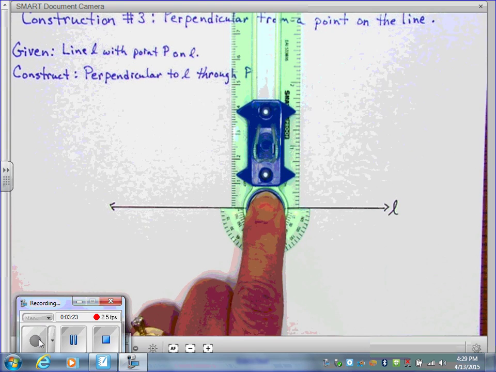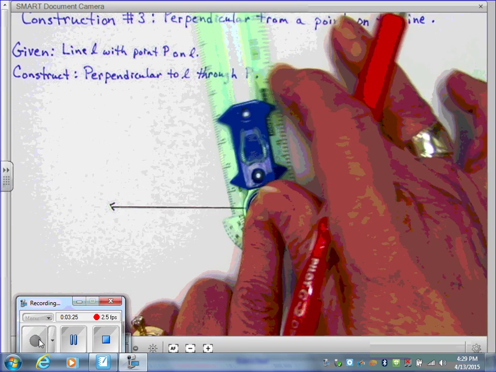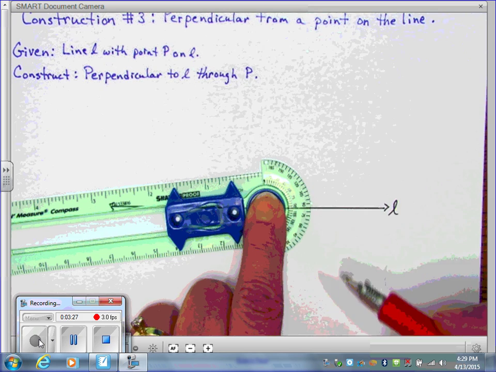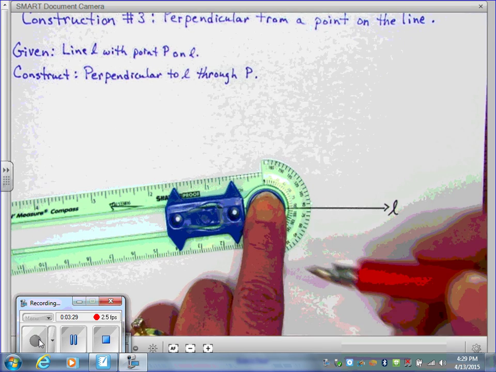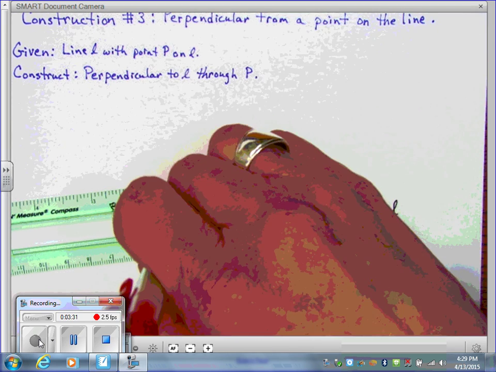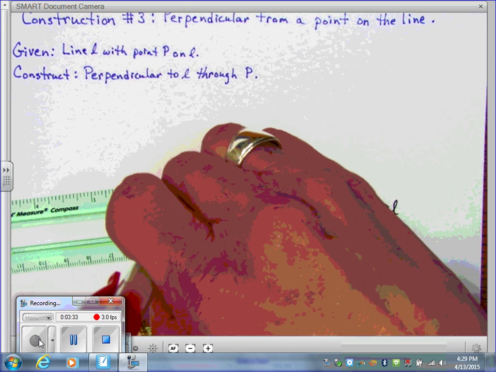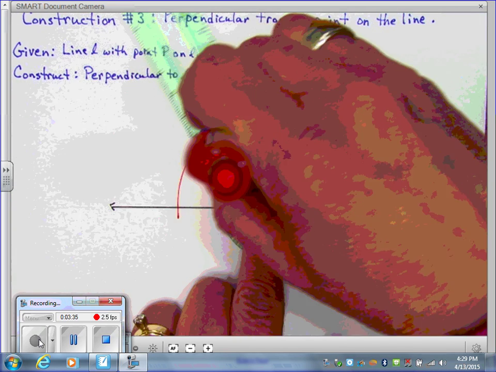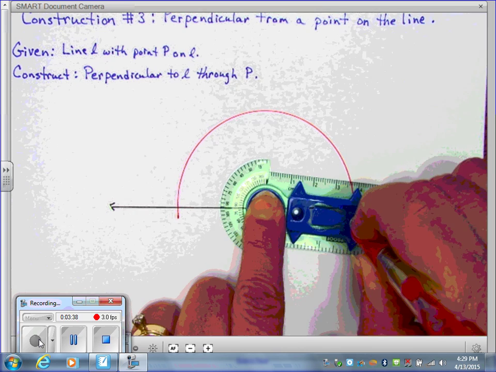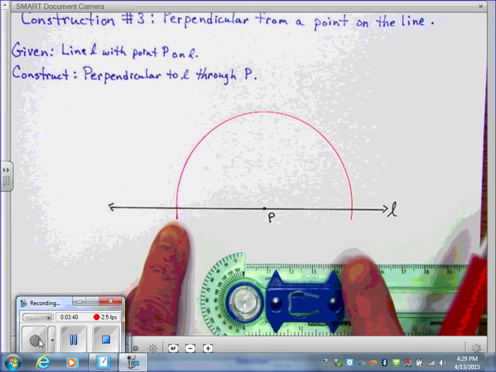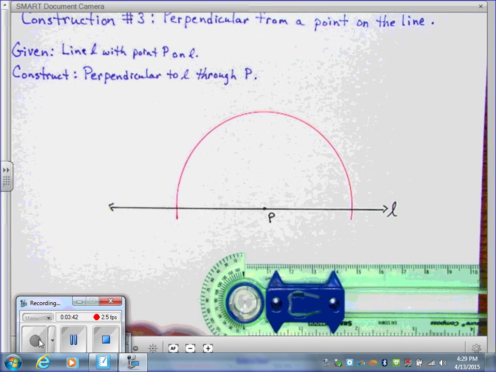And you're going to now, with your pencil, draw an arc, and this arc is going to start on the left side for me because I'm right-handed and go all the way over to the right side, and it intersects the line on the left and the right. So everybody get that done.